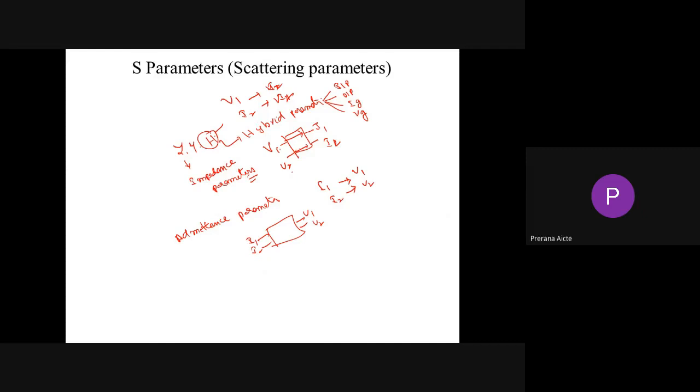But in Z parameters we calculate only input and output impedances, whereas in Y parameters we calculate only input and output admittances. There is no current gain and no voltage gain. But in hybrid parameters, we can calculate input impedance, admittances, current gain, and voltage gain.